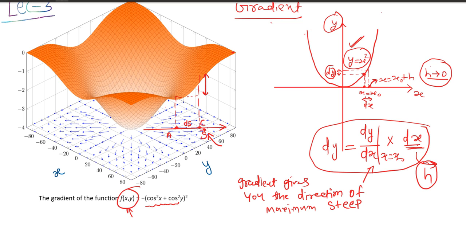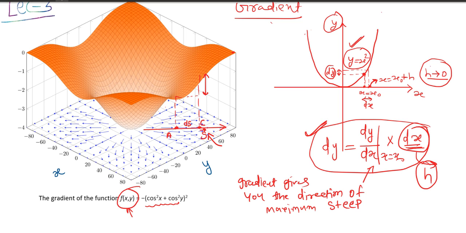Now how to calculate this mathematically? In the 2D graph it was very simple: we just find the slope at the initial point and multiply that slope with the distance we are going.